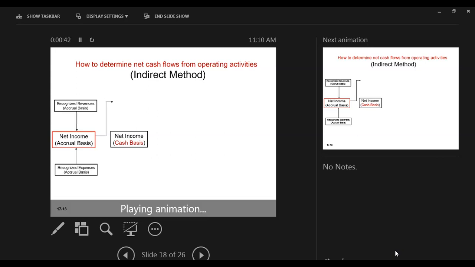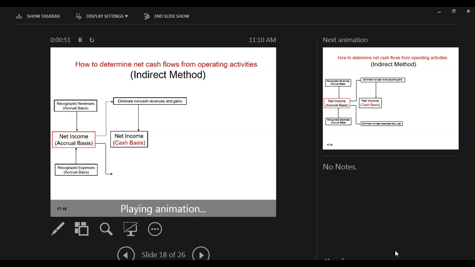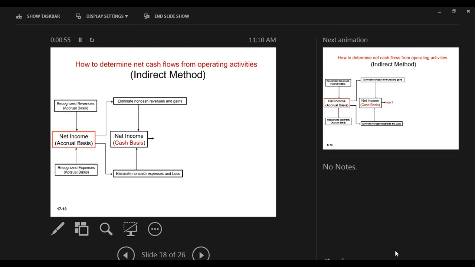How? I already showed you. We have to eliminate non-cash revenue and gains. We have to eliminate non-cash expenses and losses. So non-cash items are going to be deleted. If you delete non-cash revenues and non-cash expenses, you can get cash basis net income.